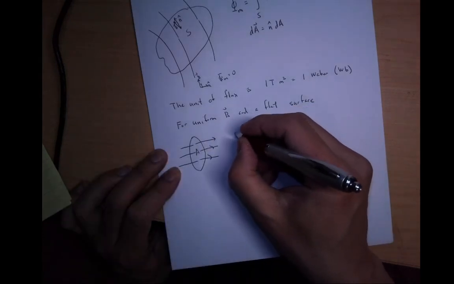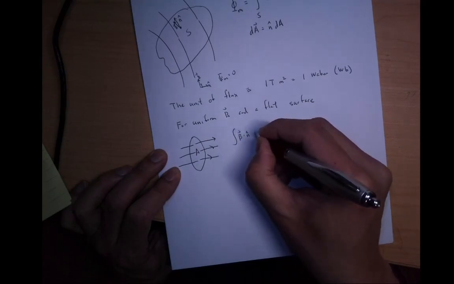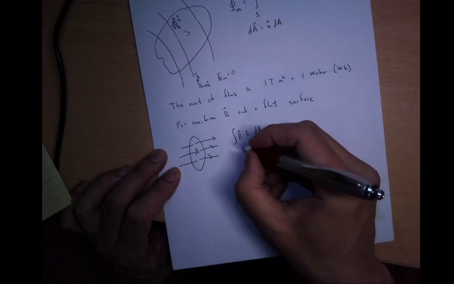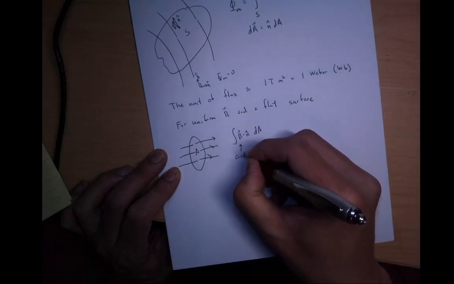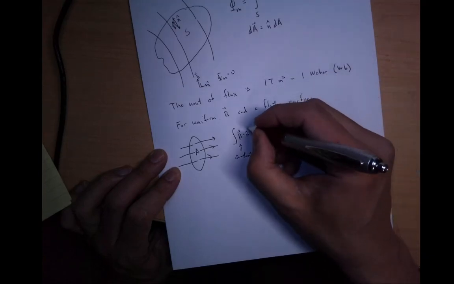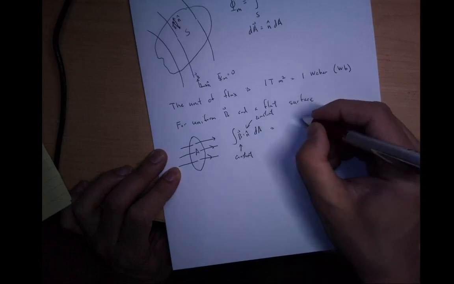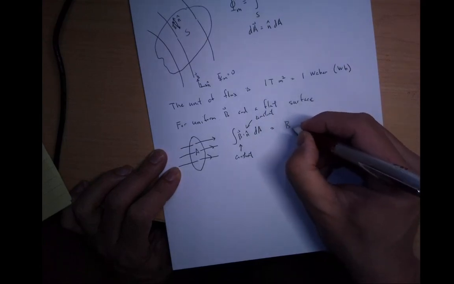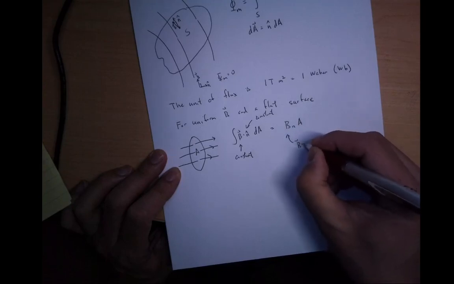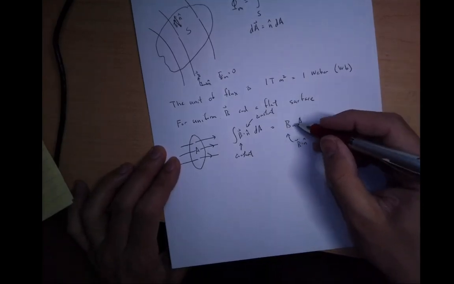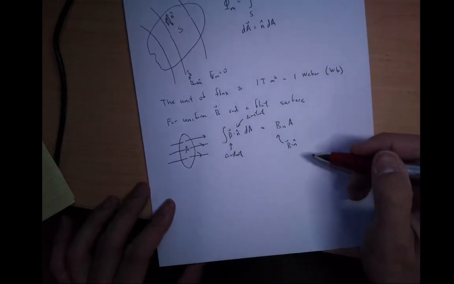Then we have the integral of B dot n hat dA. Now in that case, uniform B means this is constant, and the flat surface means this is constant. That's simply going to be equal to B sub n A, right? Where this is just B dot n hat, right? So that's just the magnitude of the B field in the direction of the normal.